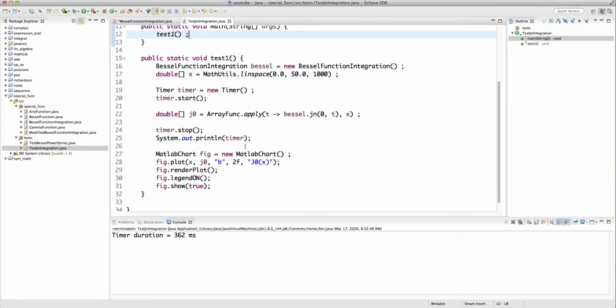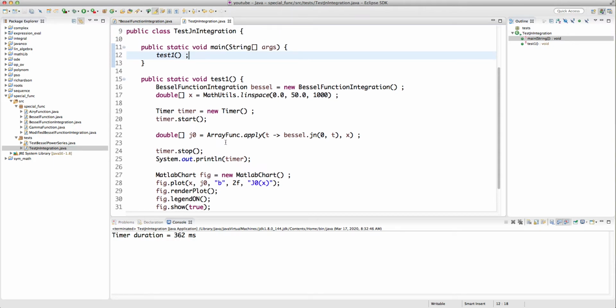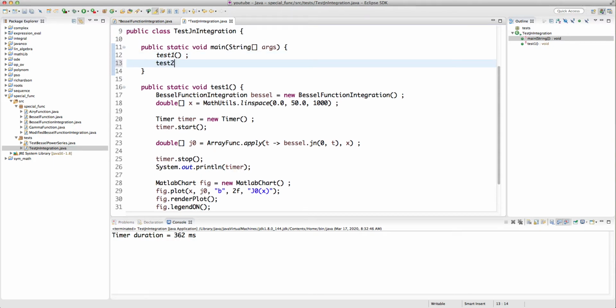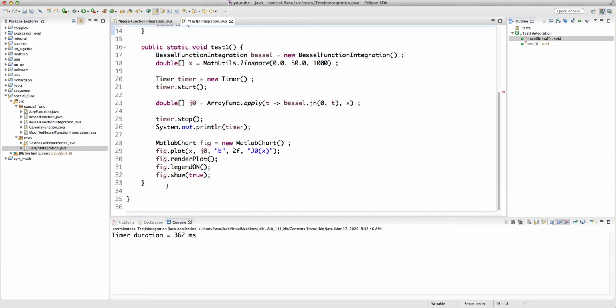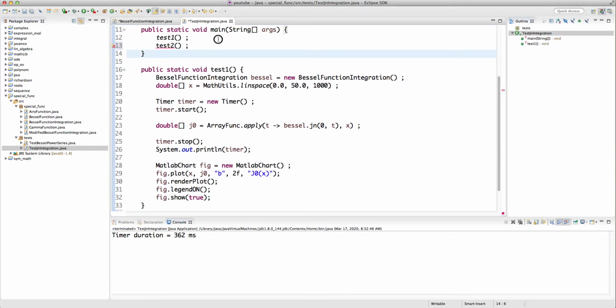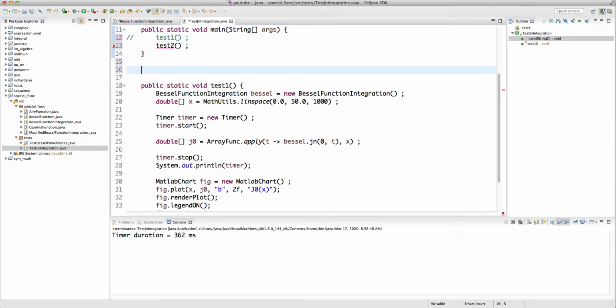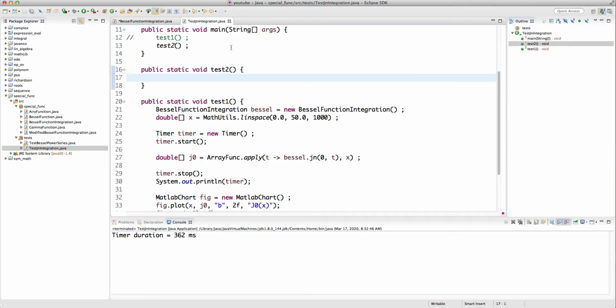And the other thing that I want to point out here, so let's maybe create test 2. In test 2, what I'm going to do, let's put this here: public static void test2. So in test 2, I'm going to again create this Bessel, all right?